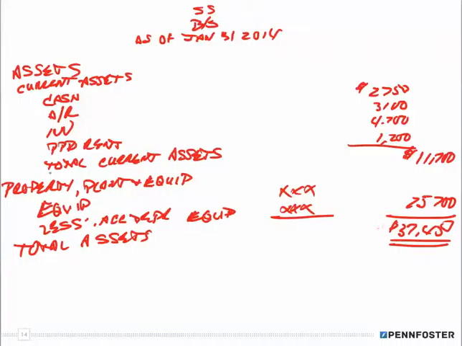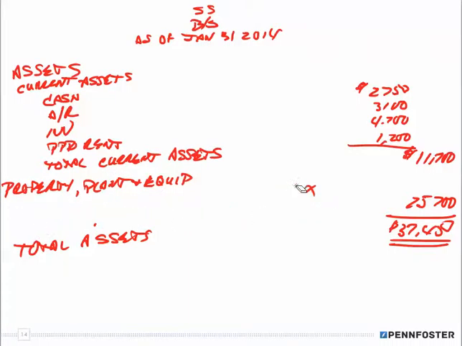Okay, so even though they're calling it long-term assets and they don't actually have the breakdown of the equipment and the accumulated depreciation, they're just saying, okay, we're going to make this equipment net.